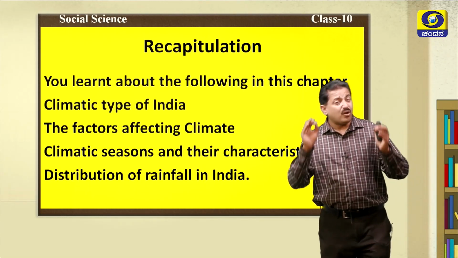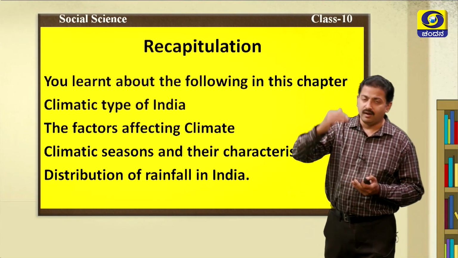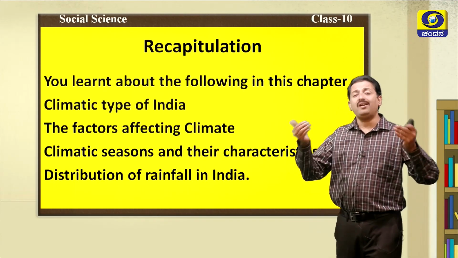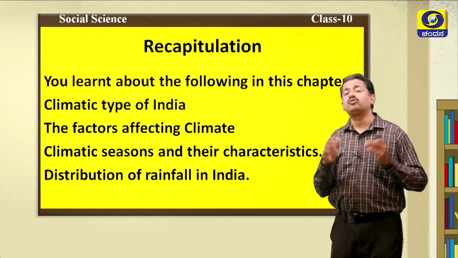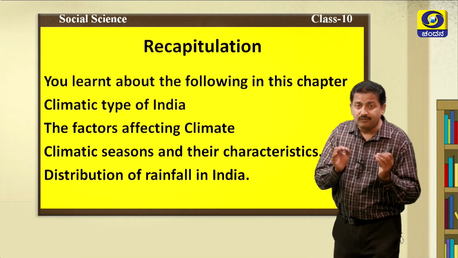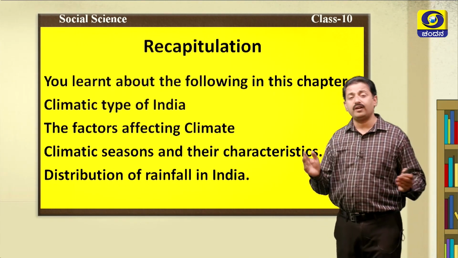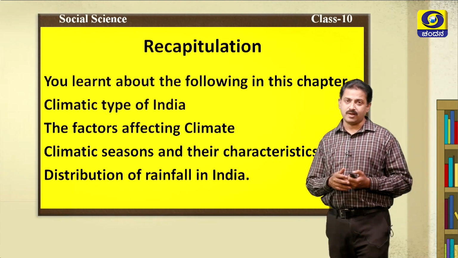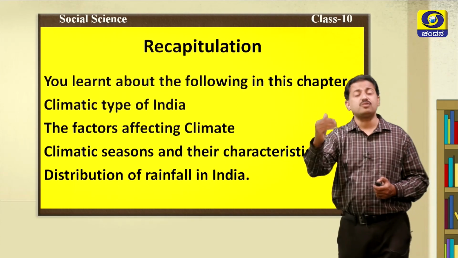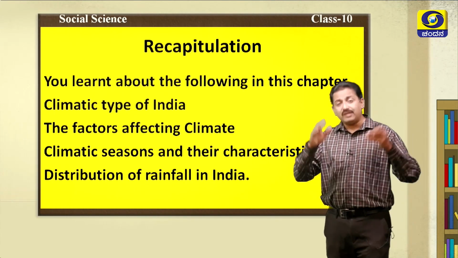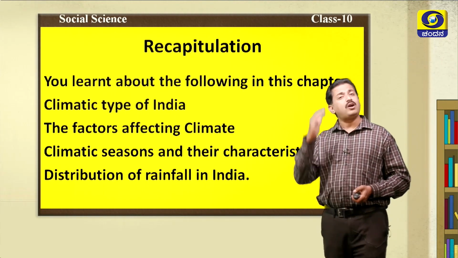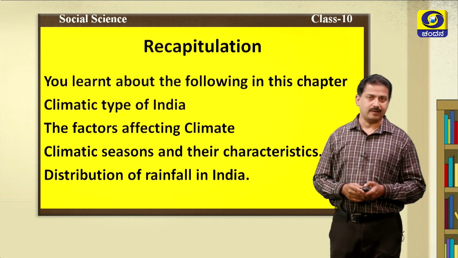Then the 4 climatic seasons, they are winter, summer, southwest monsoon season and retreating monsoon, we discussed, and the amount of rainfall they receive, the reasons for it, all those we discussed in this chapter. In addition to that, you learnt about the distribution of rainfall in India with examples of places. I hope you have very well understood this lesson.